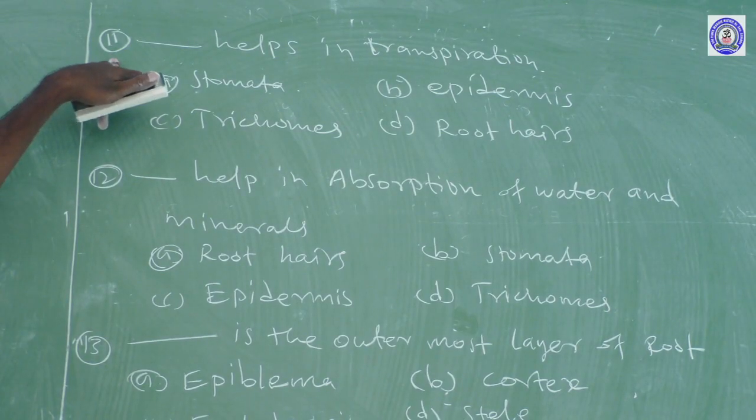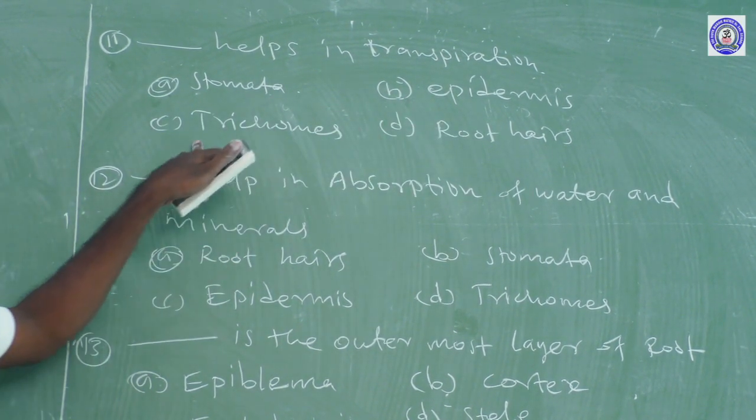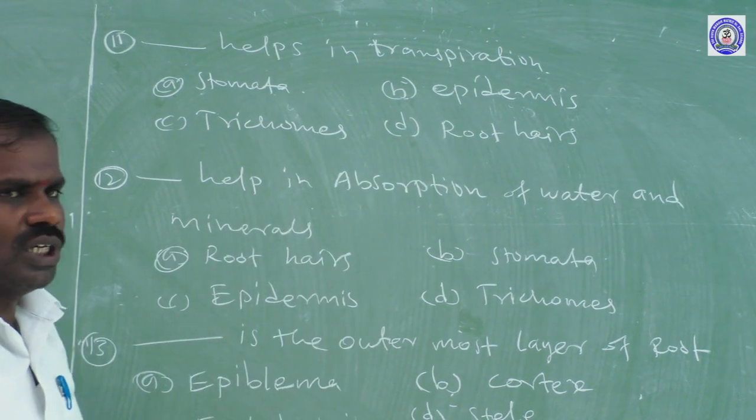Next question: which structure is involved in transpiration? The first option is stomata, the second is epidermis, the third is trichome, and the fourth is root hairs.